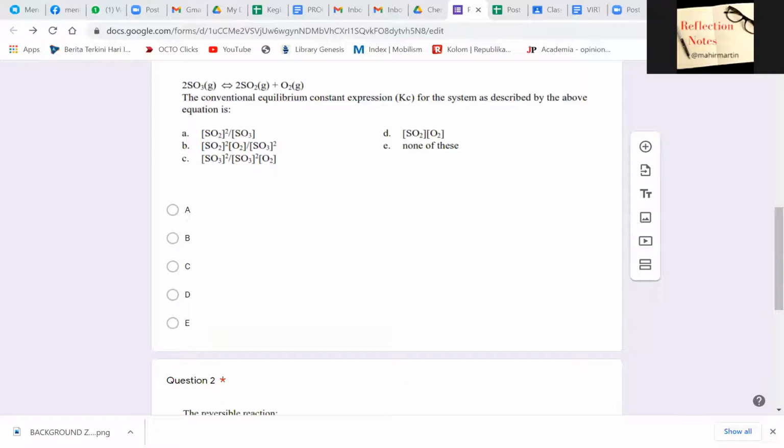Kc is equal to concentration of product, isn't it? So SO2 to the power of square, because we have 2 here, times concentration of O2 and divided by concentration of SO3 square. Isn't it? If I check this option, so the answer will be B.